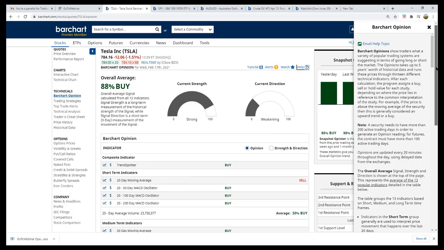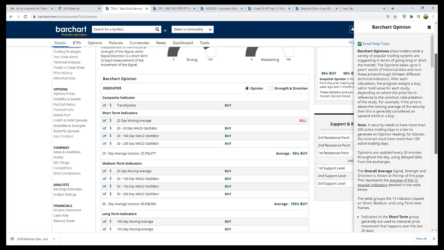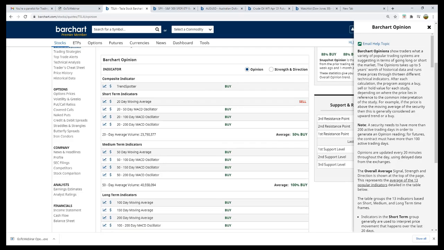We have a short term, a medium term, and a longer term time frame. So if all 13 of my indicators are showing a buy signal, then my overall signal would be 100%.